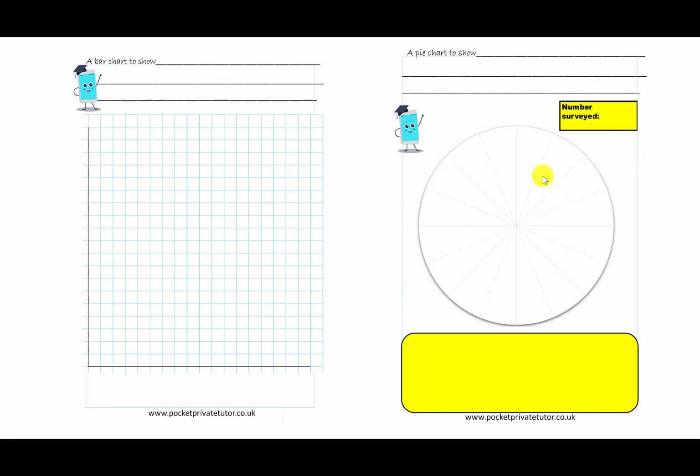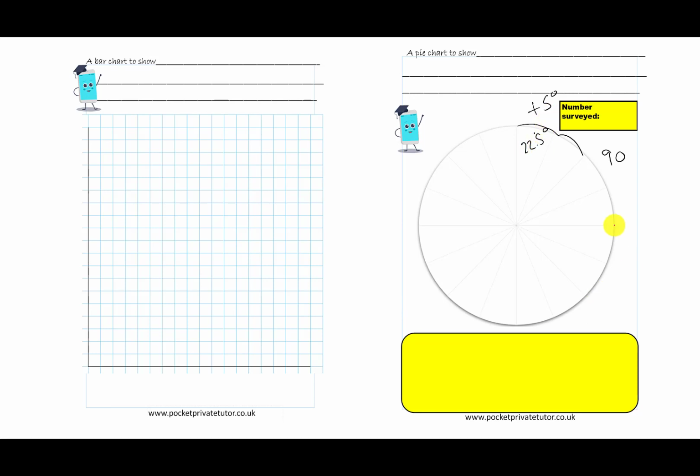Now the pie chart, I have handily segmented it into 16 sections. So you can see each right angle, each quarter of a circle is worth 90 degrees. So if all of this is worth 90 degrees, then 2 of these are worth 45 degrees. And then 1 of these is worth 22.5 degrees.